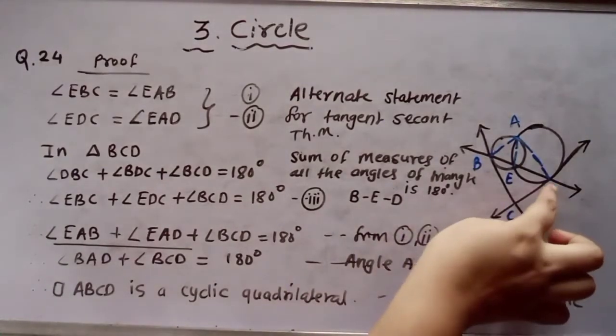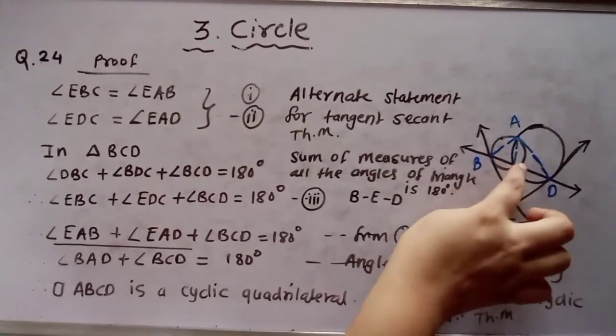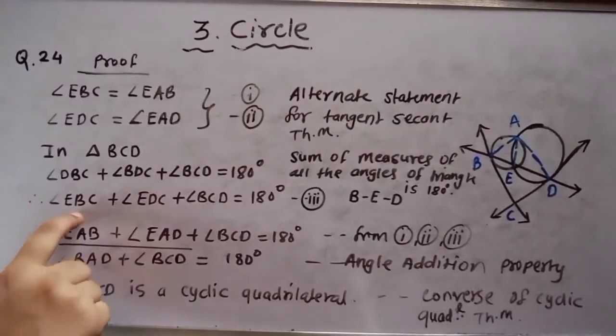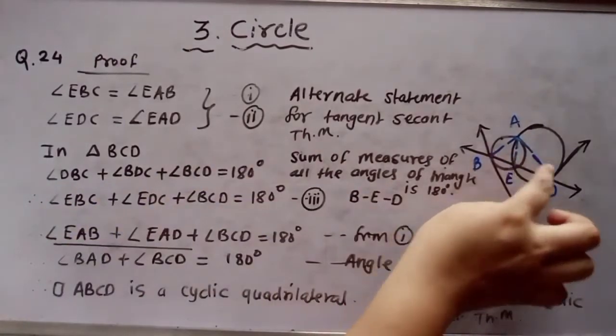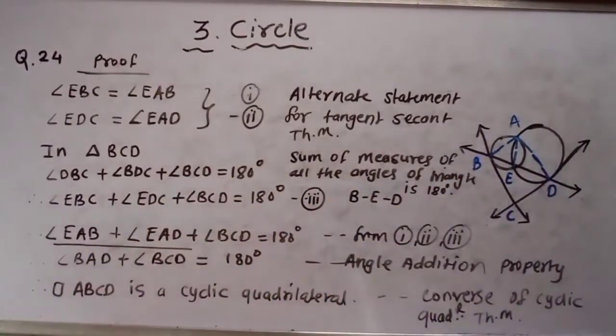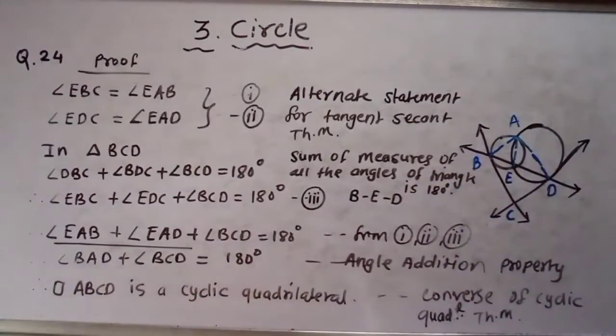Now instead of DBC, what can I write? EBC. So I am writing EBC instead of DBC. In the same way, for BDC I can write EDC, and BCD as it is. The reason is that B, E, D, these three points, are collinear.